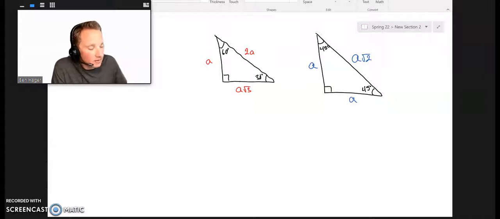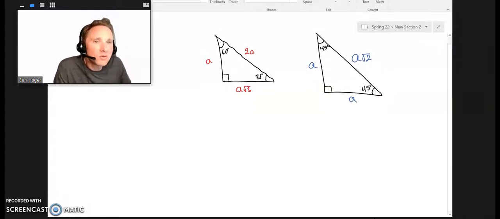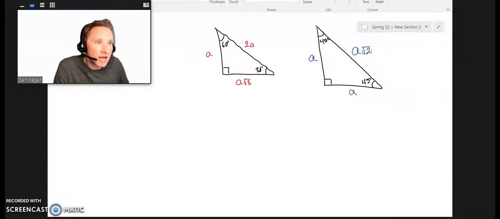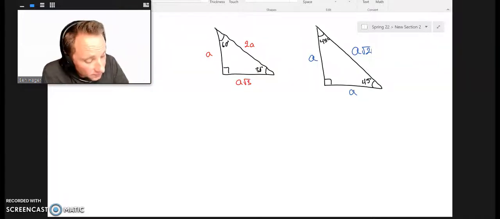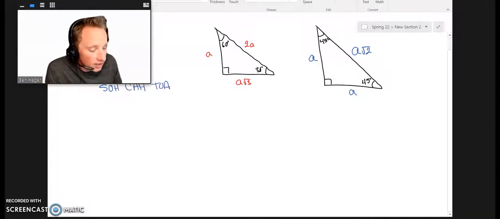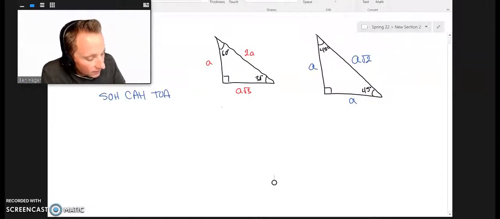Okay, so how can we use this with a unit circle? You may have seen in other videos how I can use these special right triangles along with SOHCAHTOA to help me find sine or cosine of a common angle. For example, if we recall SOHCAHTOA, and let's say that I am trying to find sine of 30 degrees.